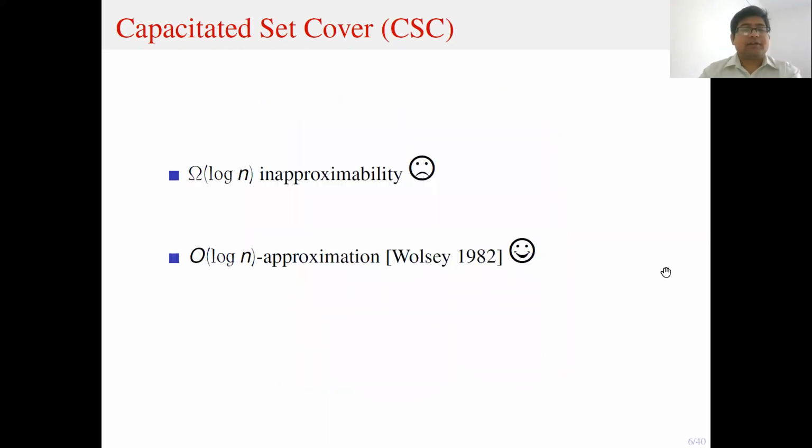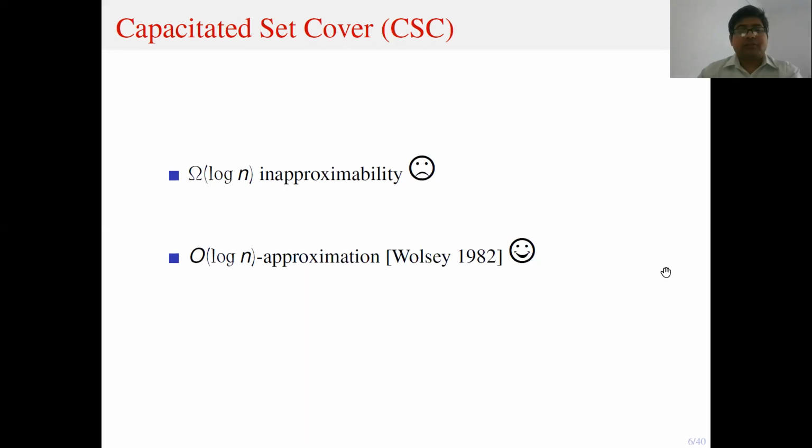So set cover is a special case of capacitated set cover, and hence capacitated set cover is also hard to approximate within a factor asymptotically better than log n. However, there is a tight log n approximation known even for this version of set cover.